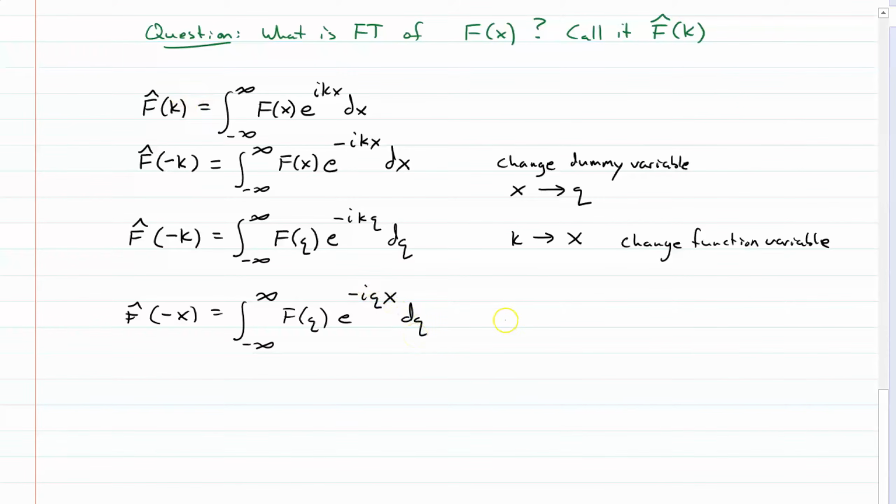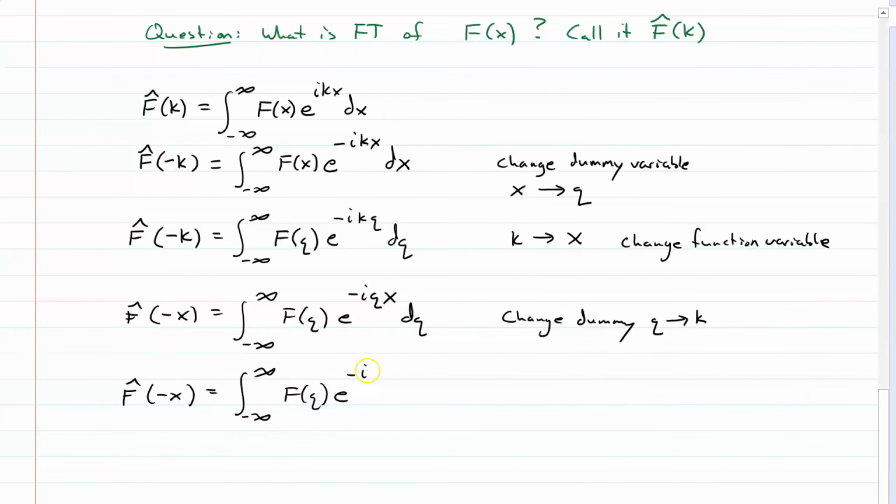And finally, let me change the dummy variable back again from q back to k. So I did a bunch of juggling of variables here. F hat of minus x is equal to the integral from minus infinity to infinity of F of k e to the minus i k x dk.